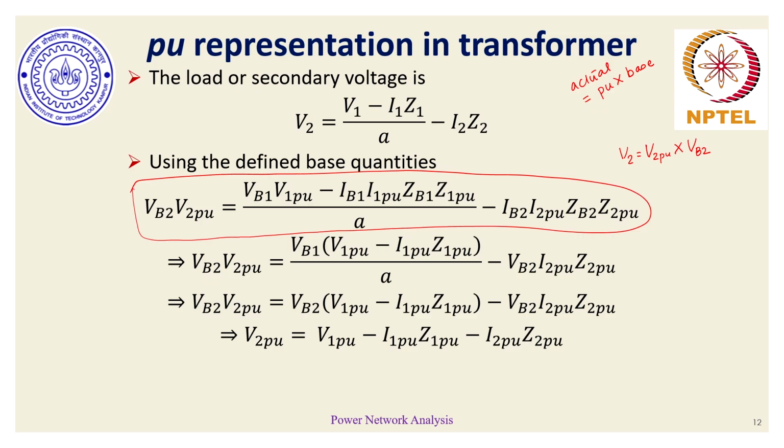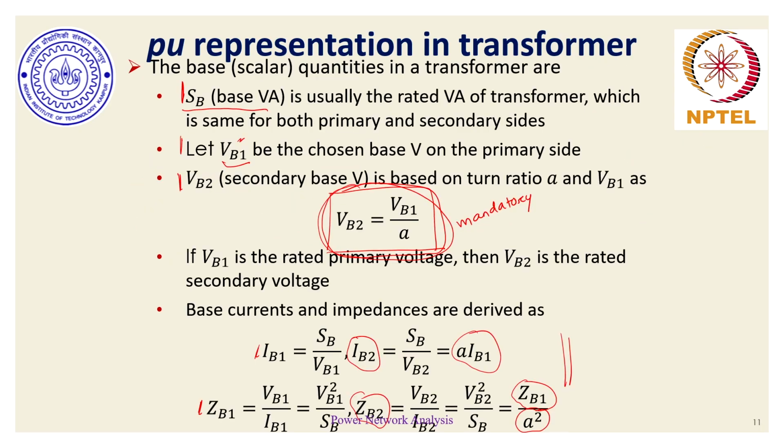And having obtained this, now if we start simplifying or plugging in the relationships of base currents, base powers, base voltages, what we see here is that VB1 is nothing but the product of IB1 and ZB1. Why? Because that's how our base impedance was defined.